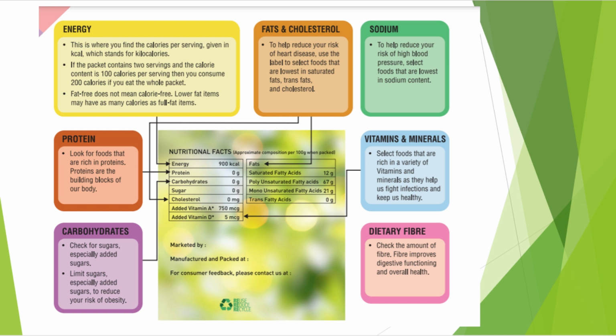Once the total energy is mentioned, the other important things to look out for are proteins, carbohydrates, fats, sodium, and dietary fiber. We call a typical packaged food HFSS, which is high in fat, sodium, and sugar. These are the things that are very important to watch out for.